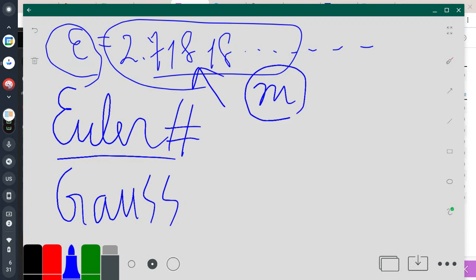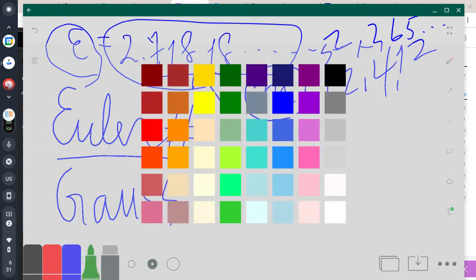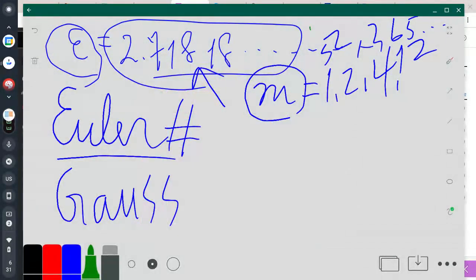And M can be, I told you, 1 or 2 or 4, 12, 52, 365, etc. Now, 1 and 2 and 4 are quite common, right? 12, 365 also used, when the banking industry is the lender. 52, not very often used.